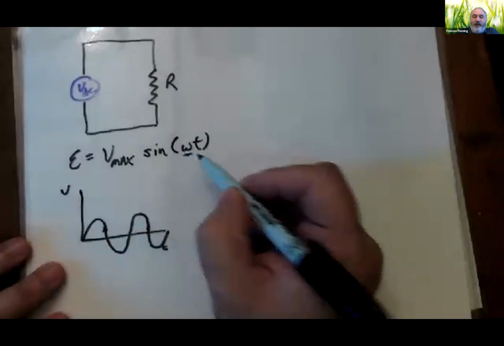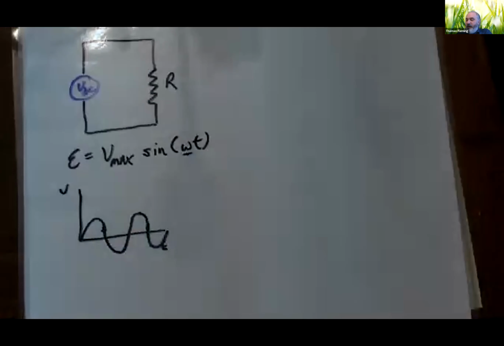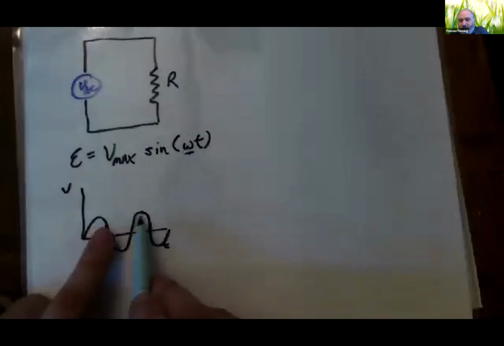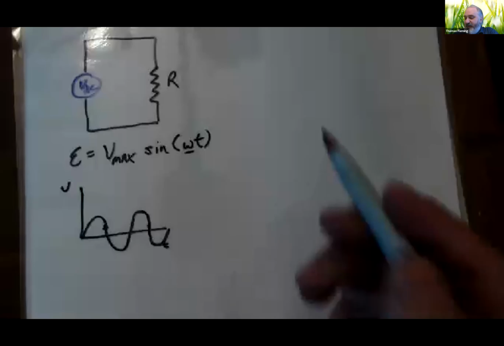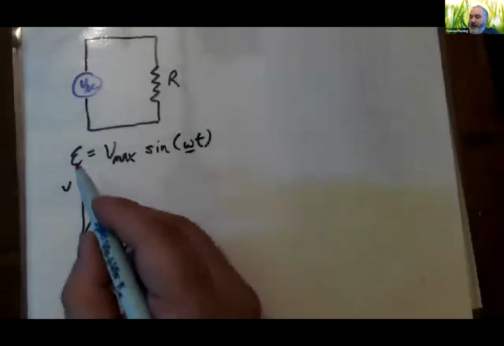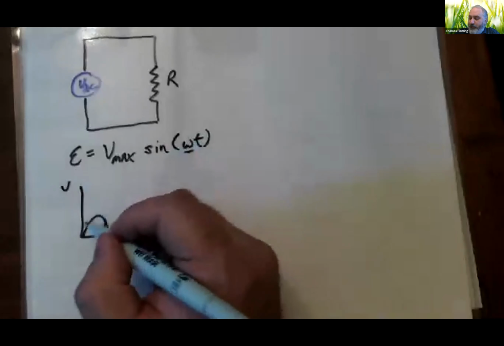And what this omega factor does is it alters the periodicity of your function so that if omega is very, very large, it's going to repeat much more frequently. Imagine that I had another battery where the omega was a larger number.